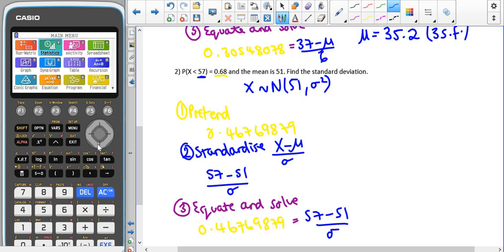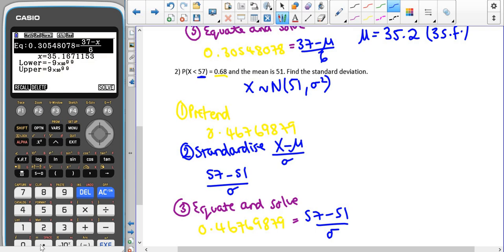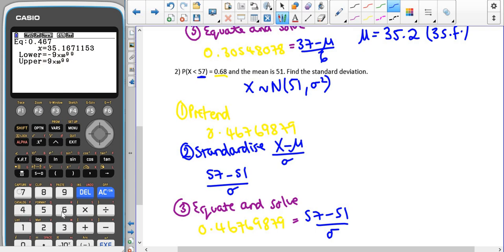And then we're going to put that into the solver part. So equation, solver, 0.46769879 equals, which is shift and then the decimal point, fraction, 57 minus 51 divided by sigma. We don't know what that is, so that's what we're going to use our x theta t button for.